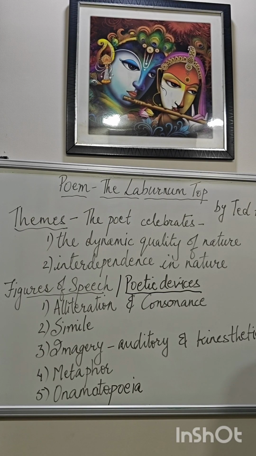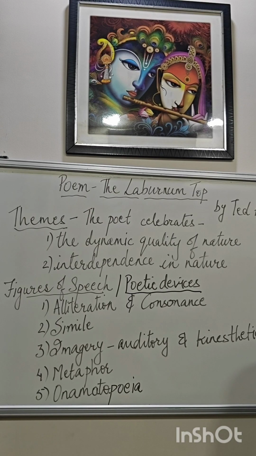Consonance is the repetition of a consonant sound or any sound which need not necessarily be in the starting of the word. So you can see that the sound ings is repeated 3 times in this line. Chitterings, wings, and trillings. So because of this repetition of the sound ings, this line gets a musical quality.